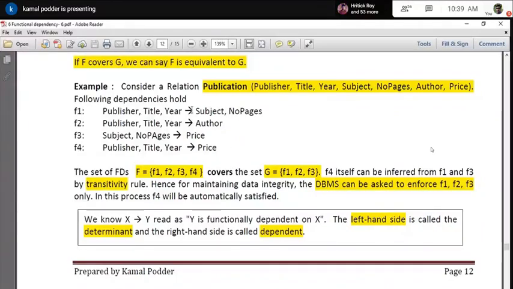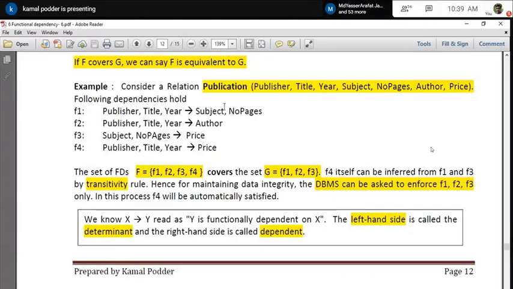Generally, subject and number of pages depend on author, publisher, title and year. Price is definitely dependent on subject and number of pages. If it is a hot topic, then naturally the price will be high, depending upon the number of pages. And price is also dependent upon publisher, title and year. I found this out by understanding the meaning and all those things.